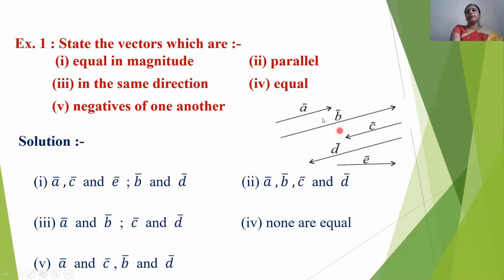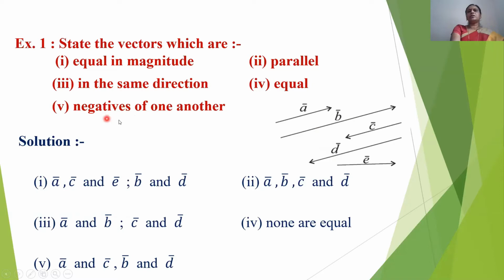If we compare A and C, they have equal magnitude, but direction is not the same. Therefore, they are not equal vectors. Again, the pair B bar and D bar have the same magnitude, but direction is not the same. Therefore, they are not equal. Means among all of these five vectors, none are equal vectors. Okay. Therefore, you write down none are equal.